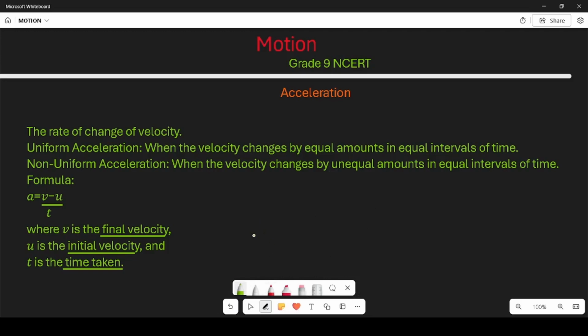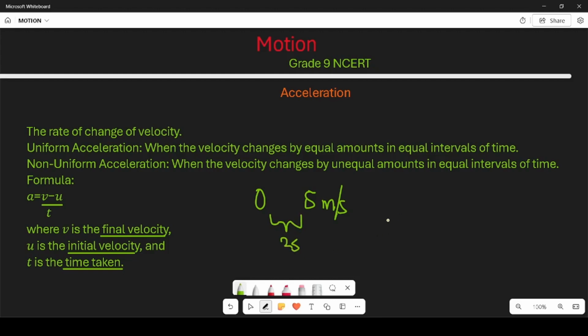So let's do a small problem. Let's say the initial velocity was 0 and it accelerated to 5 meters per second. Let's say this duration was 2 seconds.